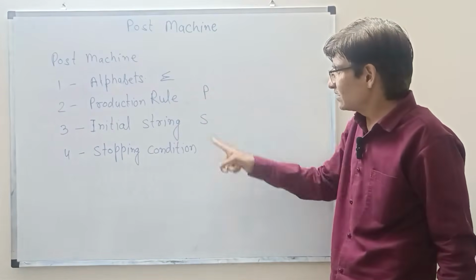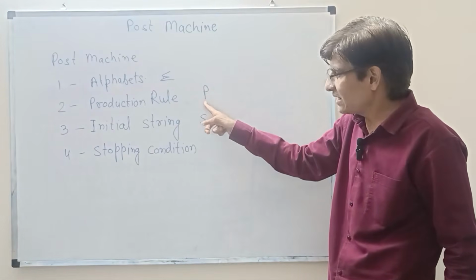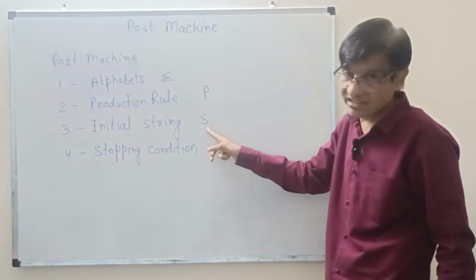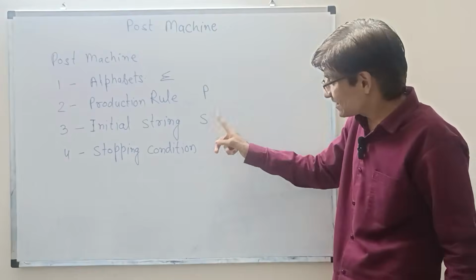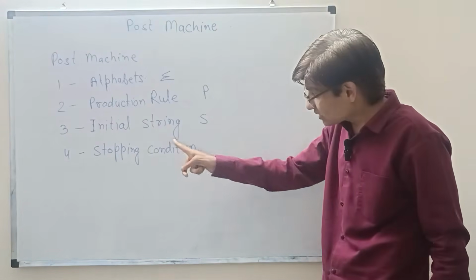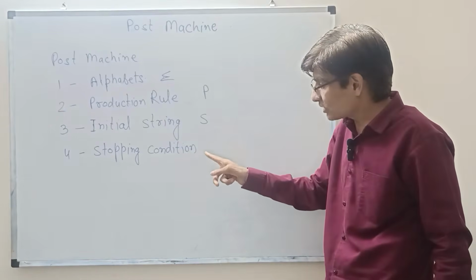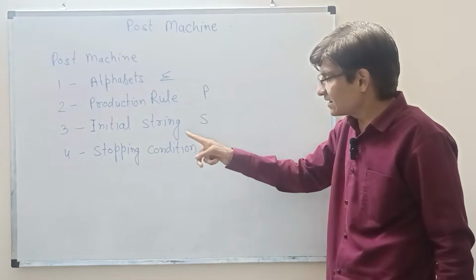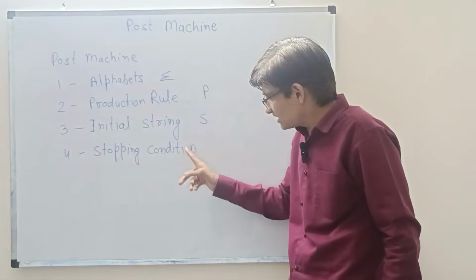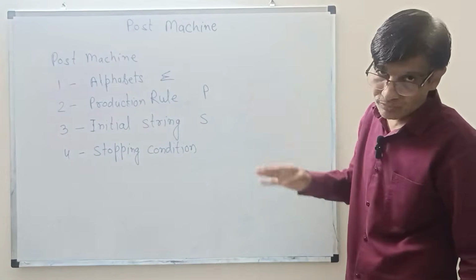This is alphabet. Then second tuple is P. This is set of production rules. Then third tuple is initial string. This is not set. It is single string and it is represented as S. And the fourth tuple is stopping condition. So these four components are there in post machine.